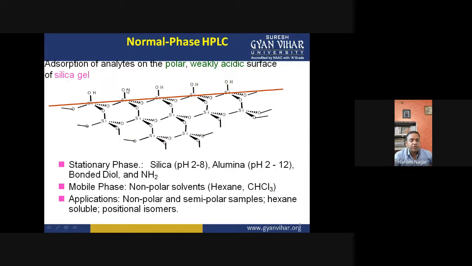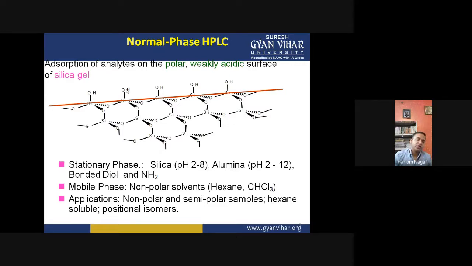A compound which gives H plus ions acts as an acid, but here with very little efficiency, so it is actually a weak acid. The silanol group is actually a weak acid, right?